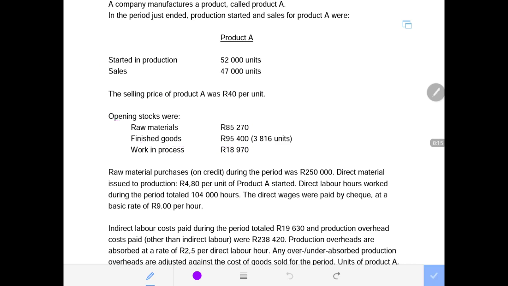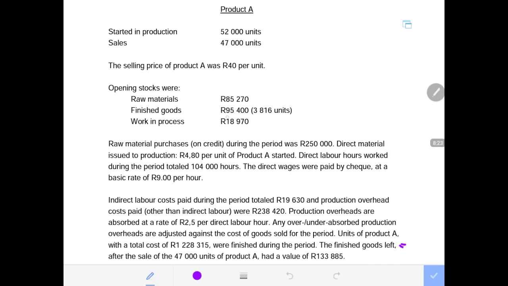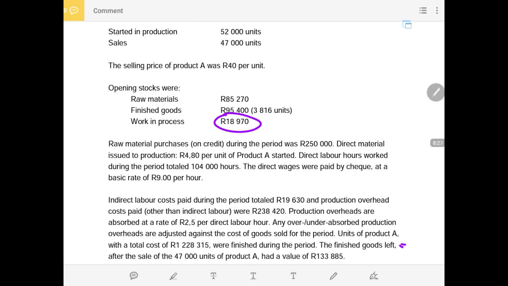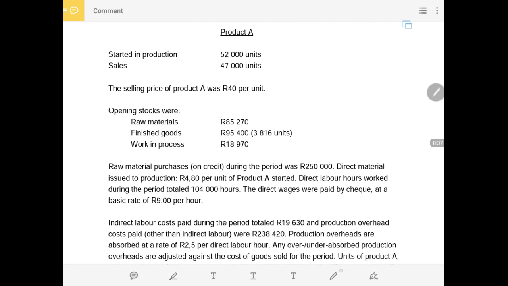However, started in production was 52,000 units. Then we have the opening balance of work in progress, which is 18,970. Now we can record these opening balances as they are.